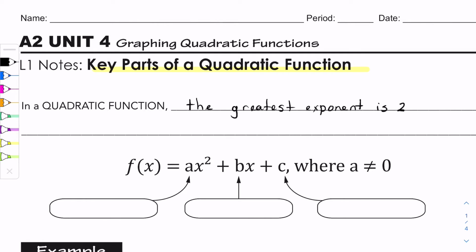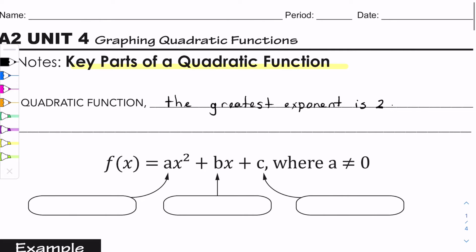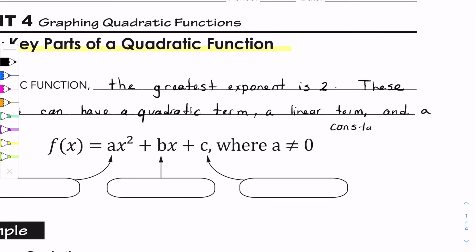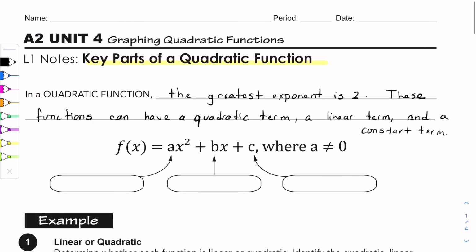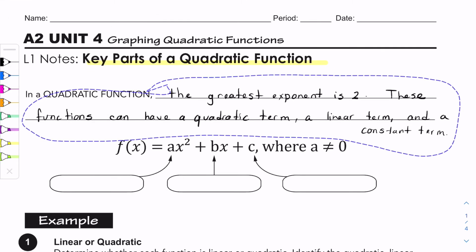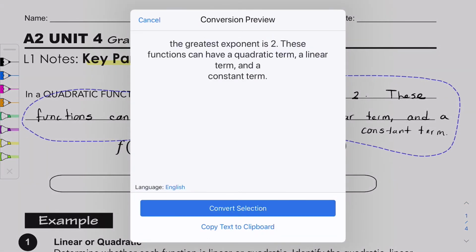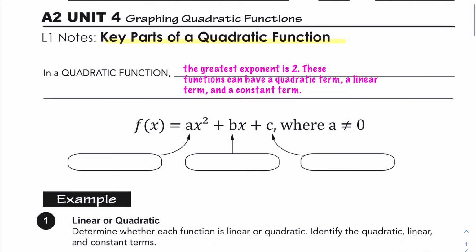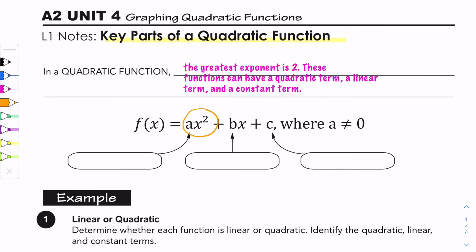These functions can have a quadratic term, a linear term, and a constant term. Okay, your quadratic term is always your term with the exponent of 2.